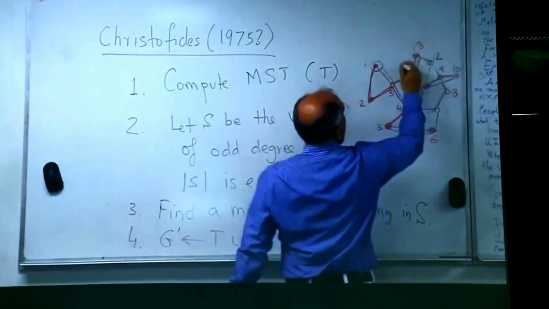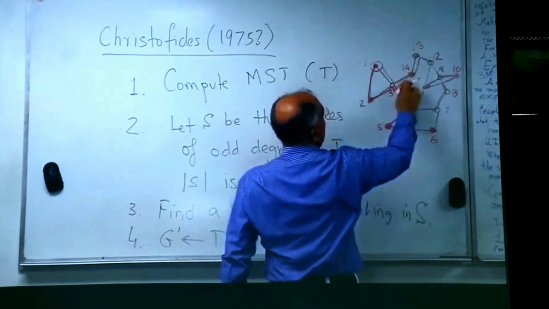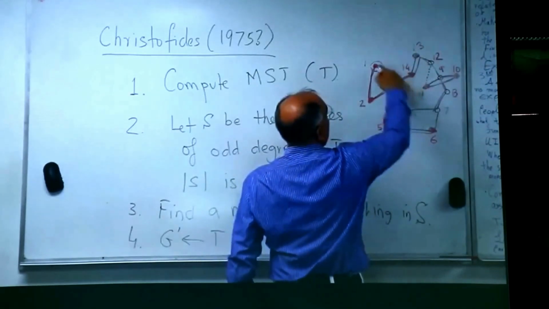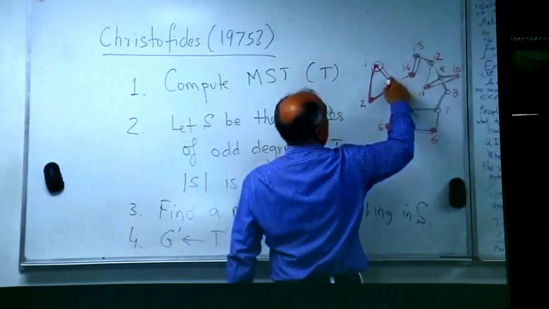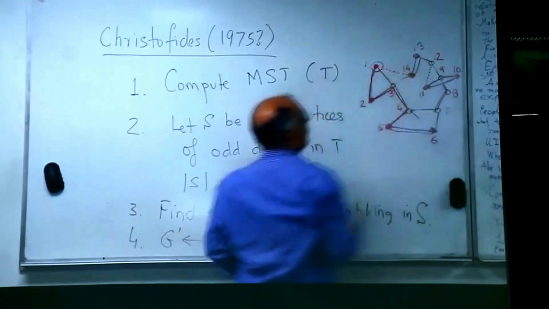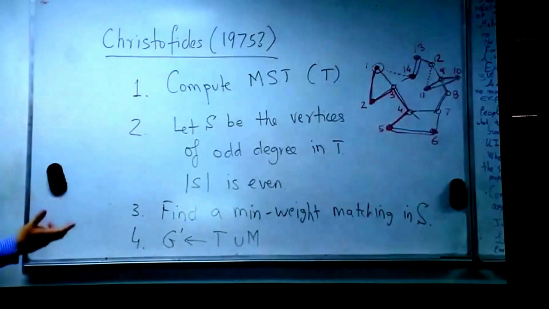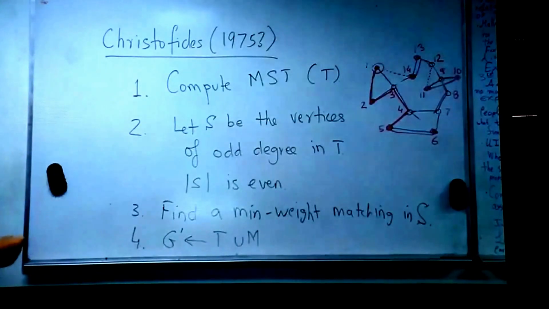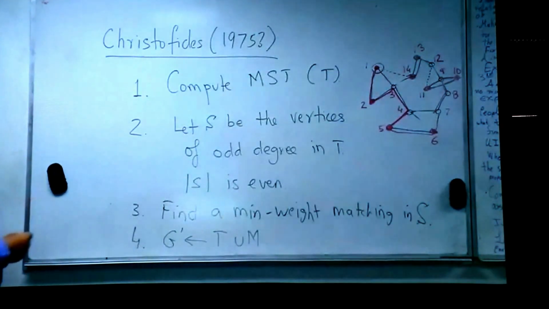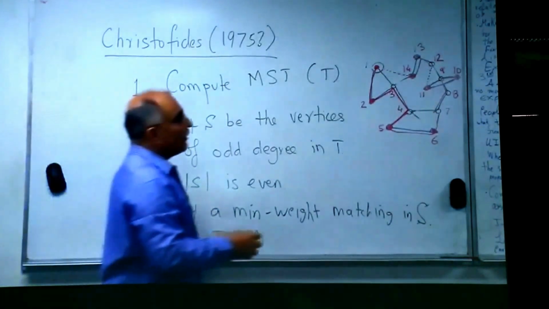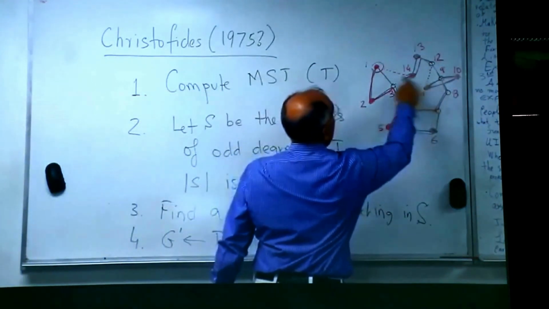Then I go to 13, then I go to 14, and now rather than coming back to 3, I want to go back to the starting node 1. So I will remove these two and shortcut it and replace it with that. Okay? So that gives me my final tour by replacing the Euler tour by a tour that visits every vertex exactly once. Now notice that in this case we added these 3 new edges.